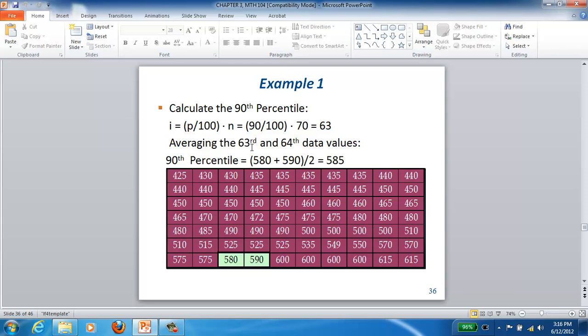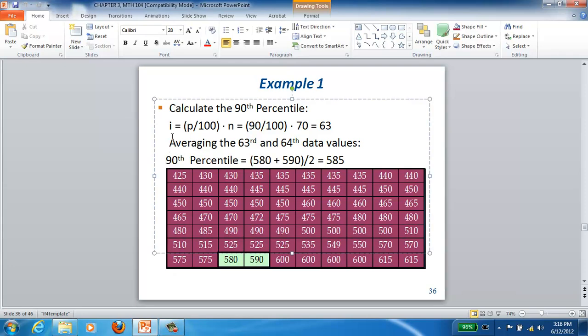So you take the average of the 63rd and the 64th. Why? Because 63 is an integer, so you take the average of i and i plus 1. In this case the 63rd is 580, the 64th is 590, so the 90th percentile is equal to 585. And this is how you calculate the percentiles.